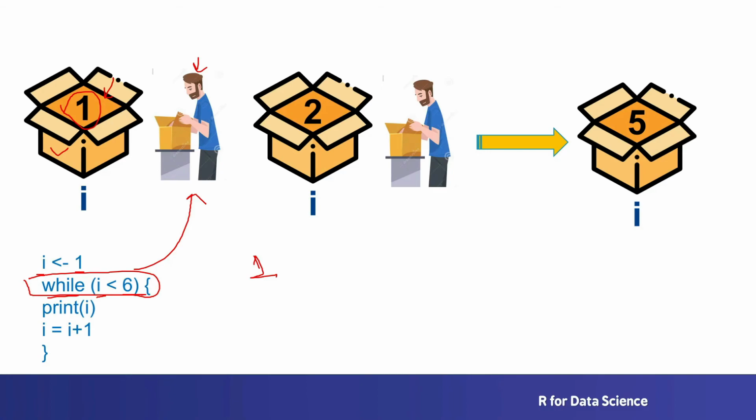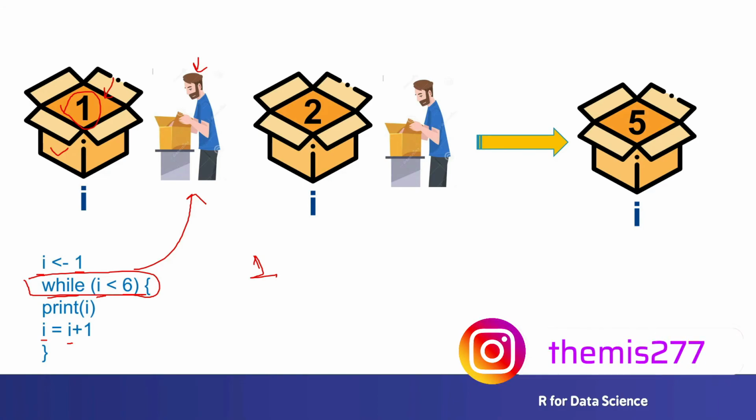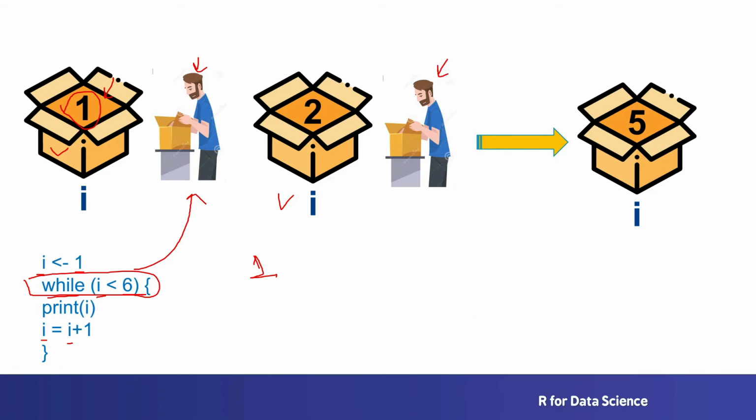And then here, I will take a new value. In the first round, the value of I is 1, plus 1 is 2. And then it's going to come back. Now what is I? 2. In the second round, I is 2. Again, the while comes, this guy in the blue shirt checks, okay, yes, 2 is smaller than 6.